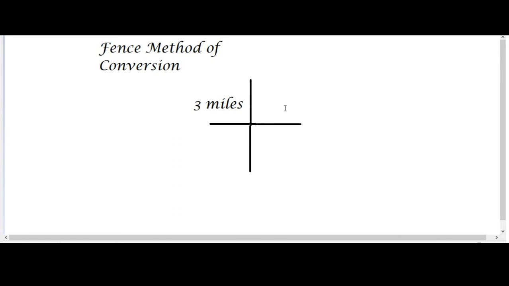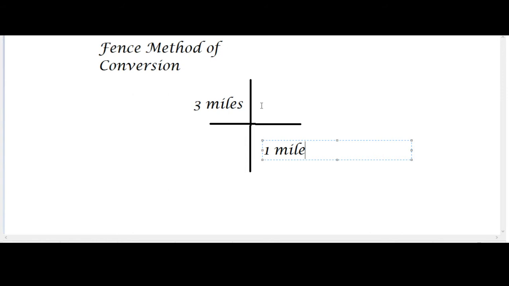And then we want to have it in kilometers. And the unit down here is going to also be the same one you have. So we have 1 mile. And then what we want to find is how many kilometers are there in a mile.